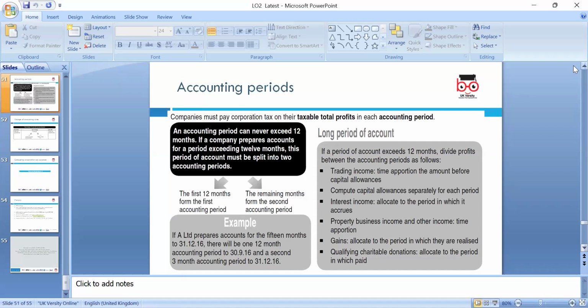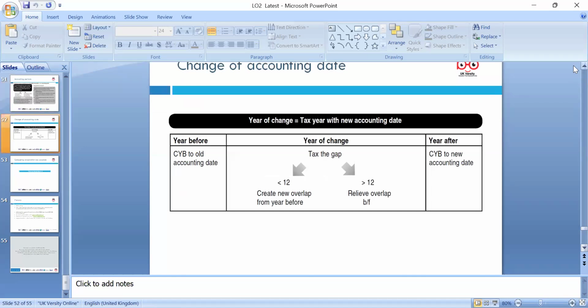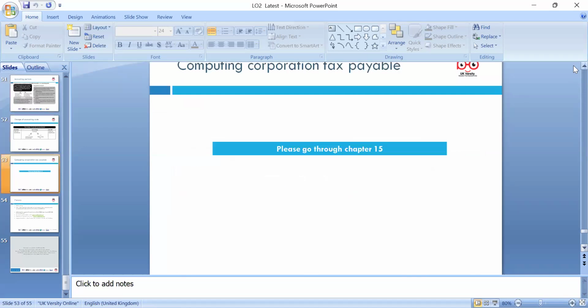For a longer period we have to divide into 12 and apportion accordingly, and the tax rate will apply. So tax gap creates the new overlap from the year before relief. So if it's losses, there is the relief which we can claim. So please go through chapter 15 of corporation tax.